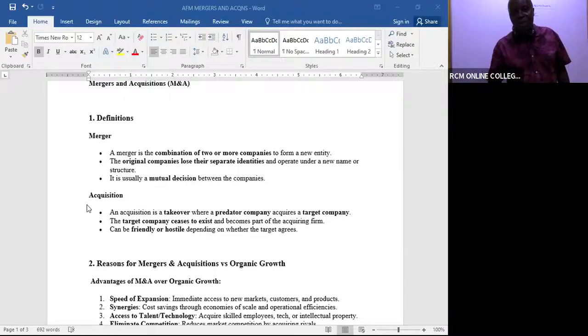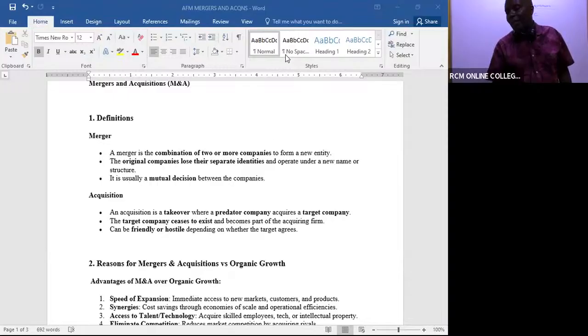It swallows other smaller animals. So an acquisition is a takeover where a predator company acquires a target company. The target company ceases to exist and becomes part of the acquiring firm. It can be friendly or hostile, depending on whether the target agrees.